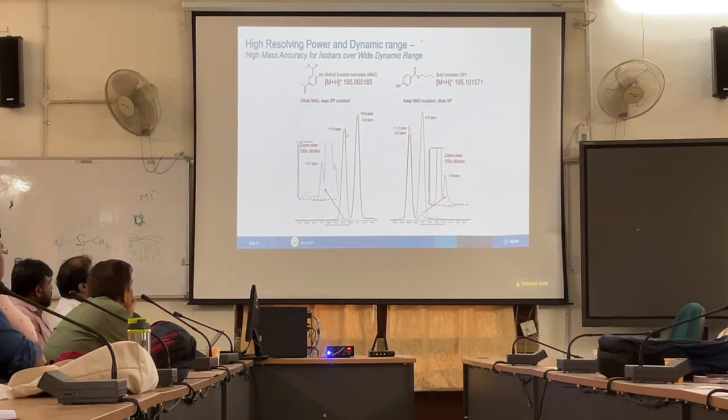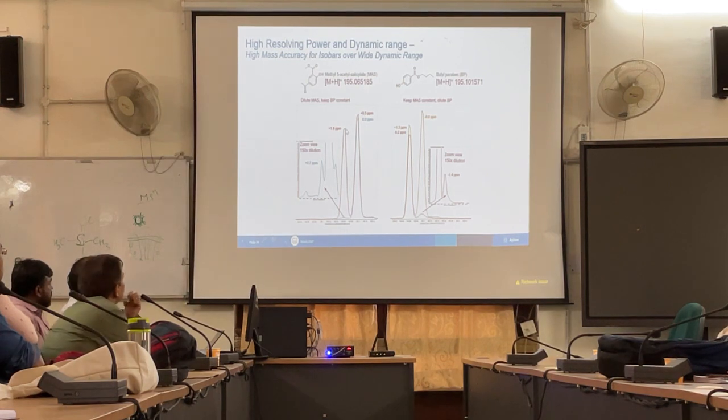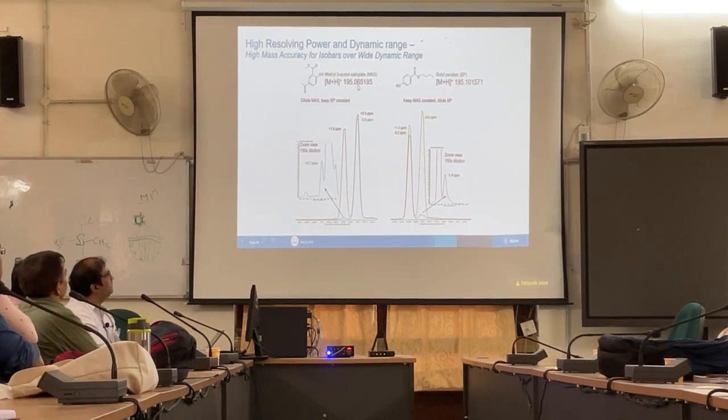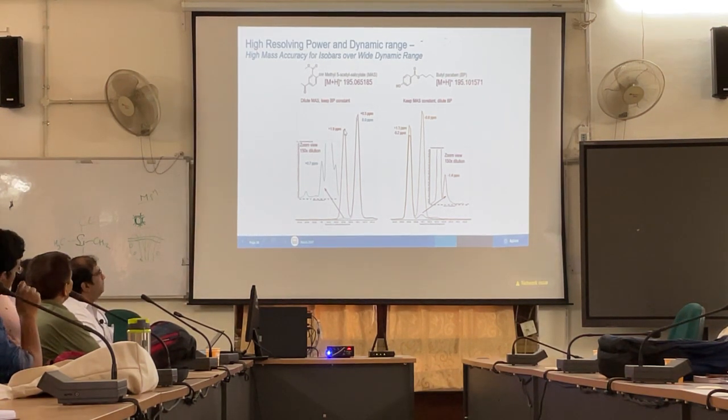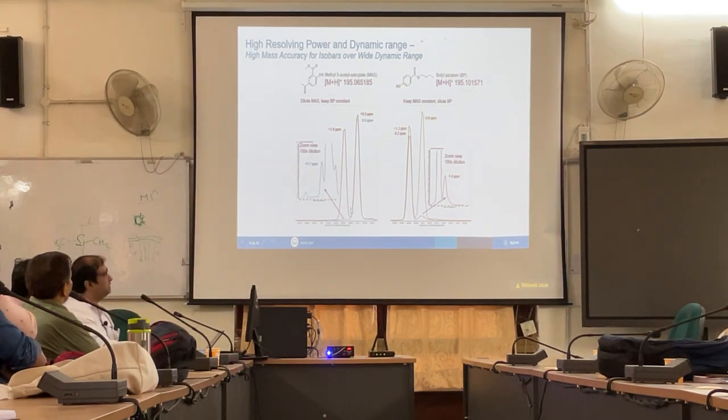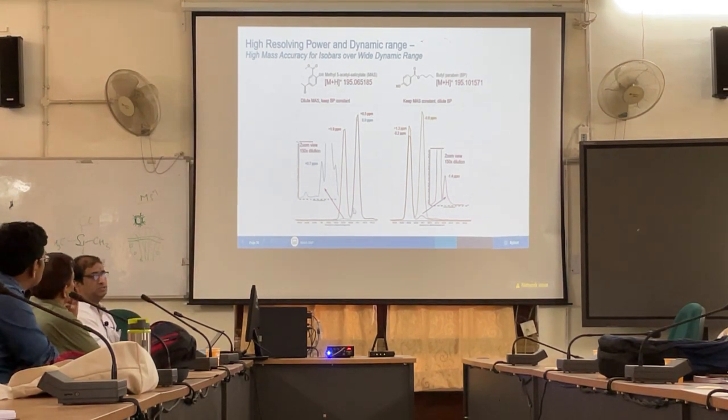Here what I am showing is the efficiency of the detector. So if you see, there are 2 compounds, butyl paraben and methyl salicylate, one is a preservative, another one is an antibiotic. If you see, the TOF is able to distinguish them. The arrival of these 2 ions will be in microseconds, but still it is able to distinguish them.